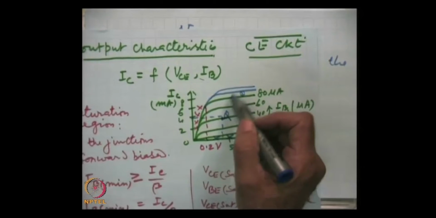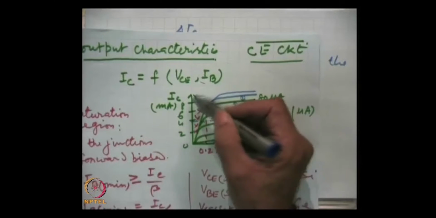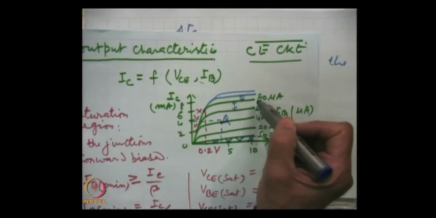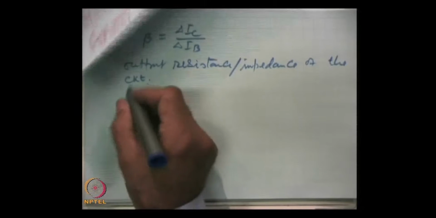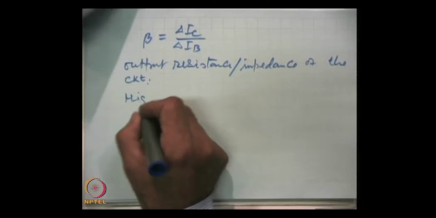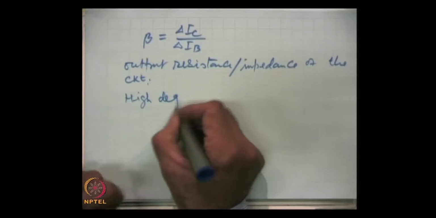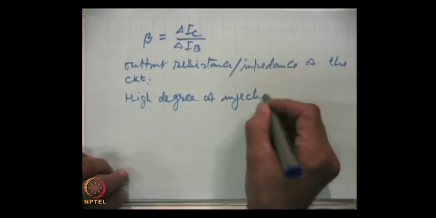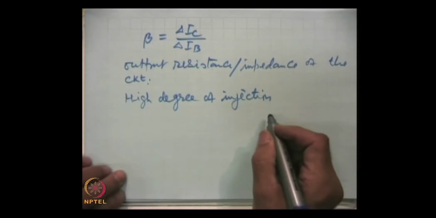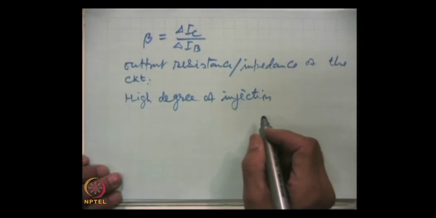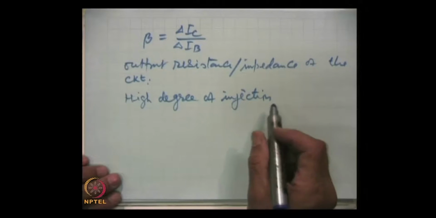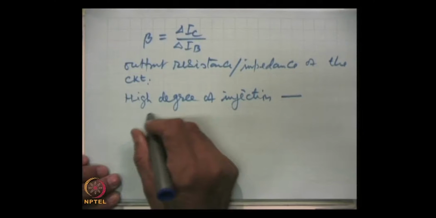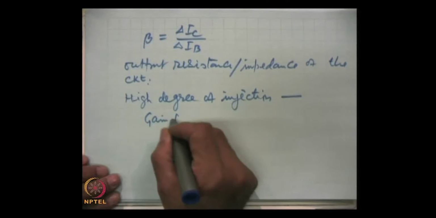This crowding arises because of high injection. When the input current is very high, it is called a high degree of injection. A lot of charge carriers will be injected into the base. As a result, the gain falls.